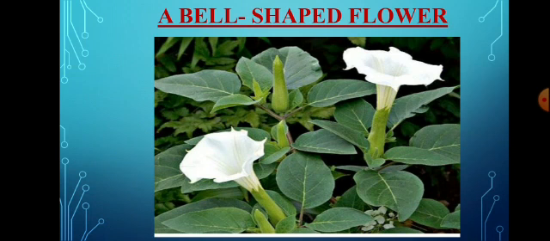Okay, the first part is sepals. They are small, green in color, leaf-like structures on the thalamus.